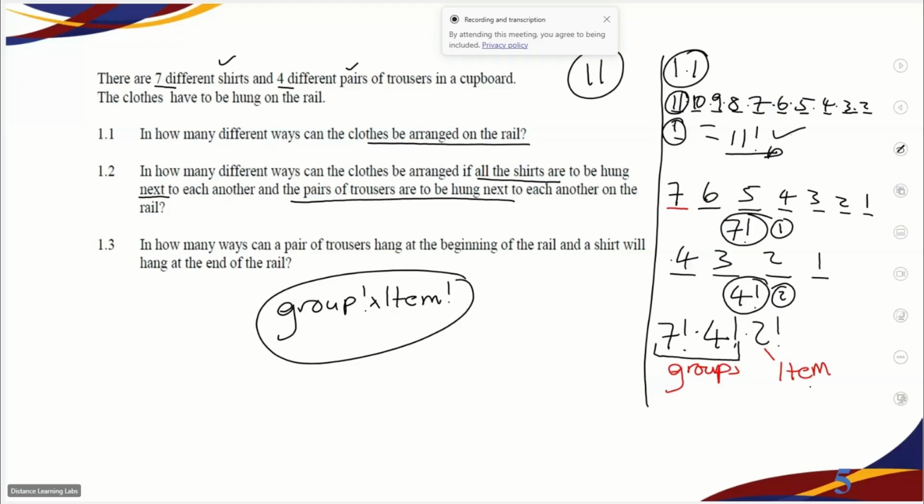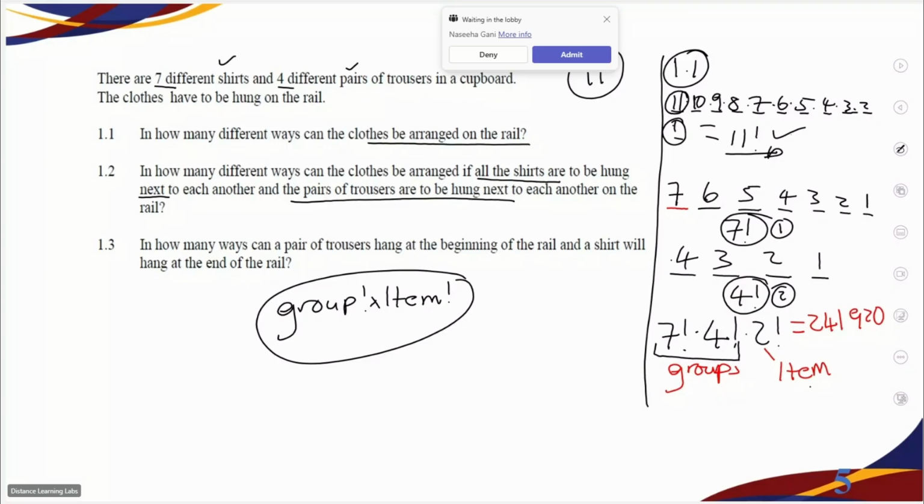You can punch that in the calculator. The answer is 241,920, meaning those clothing items, if they are to be arranged on a rail and trousers are next to each other and shirts are next to each other, can be arranged in 241,920 ways.